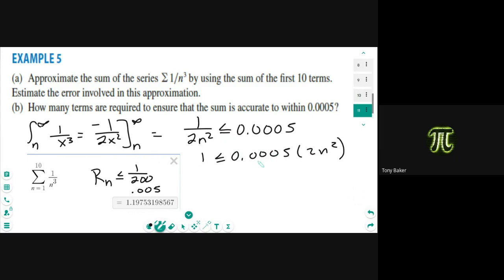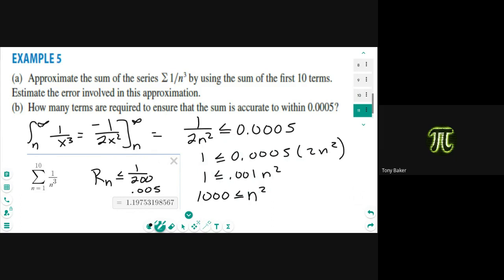What's 2 times 0.0005? 0.001. There you go, it's a lot of zeros. So now we can divide by the 0.001, which is 1,000.